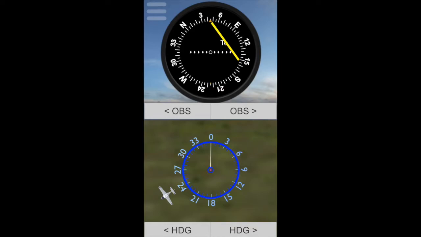And of course, it's not going to be like this in the sense that you're just going to be told to track an inbound or an outbound radial. There is a protocol, a right way of doing this and how to actually intercept the radial based on where you are. And that's what I'm going to talk about next. You may seem confused now, there's so much stuff to know.